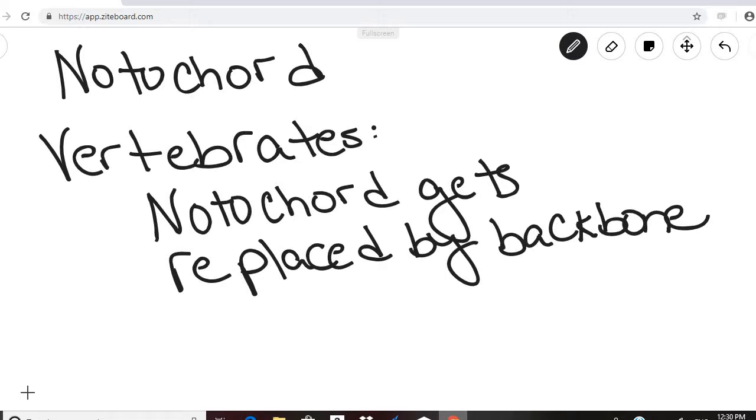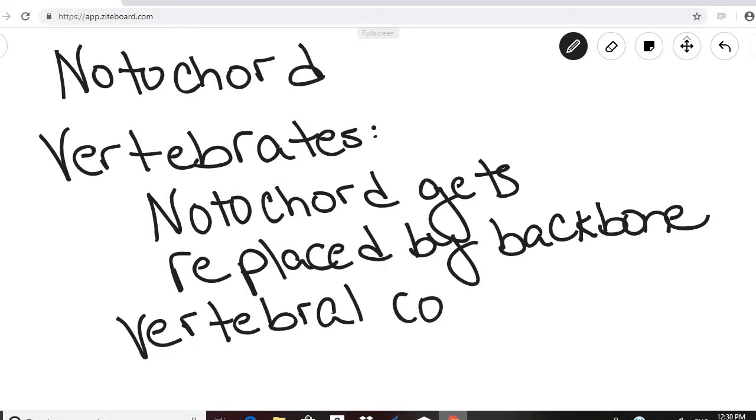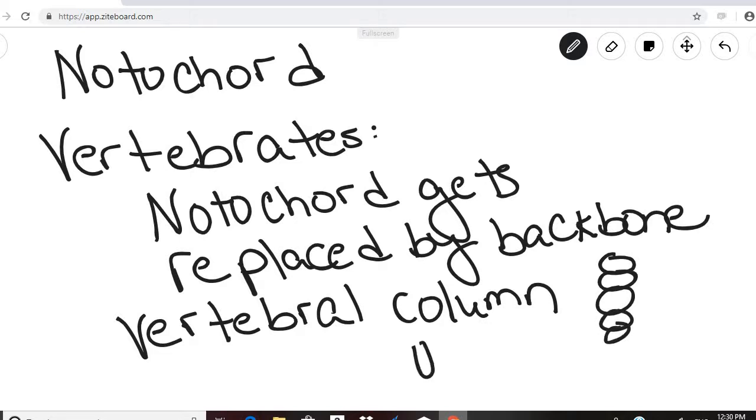So the vertebrates have a vertebral column, which is just the vertebrae stacked on top of each other, and then the spinal cord runs up through the middle. So the vertebrates are stacked, or if it's a different type, if it's an animal that's not upright, and then the spinal cord runs through the center of that vertebral column.